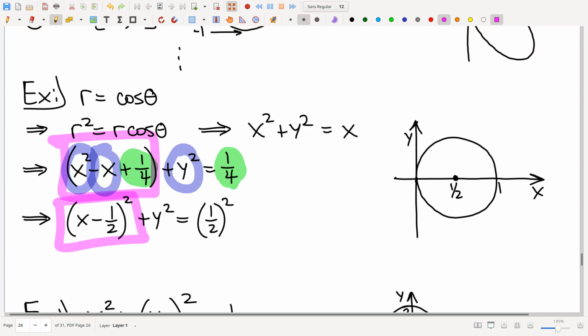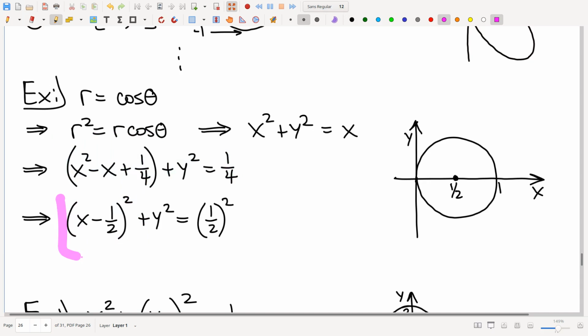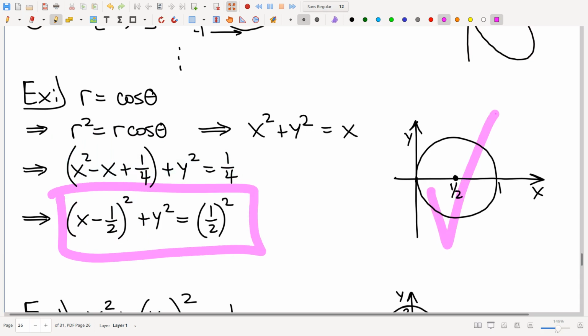Now, if you're not proficient with completing the square, and how did I know it was going to be 1/4? Google it, look it up. It's a standard move of algebra. Anyway, make sure that you're proficient with completing the square. It comes up often enough that anyone taking a class like this really should know how to do that. Okay. And of course, the nice punchline is we recognize this as a circle like so.